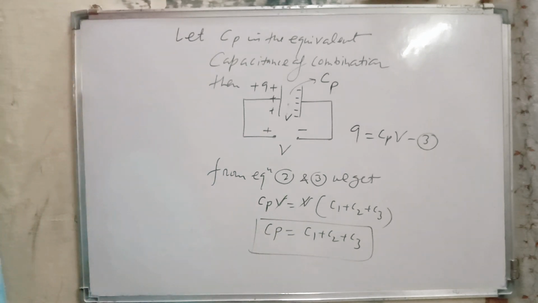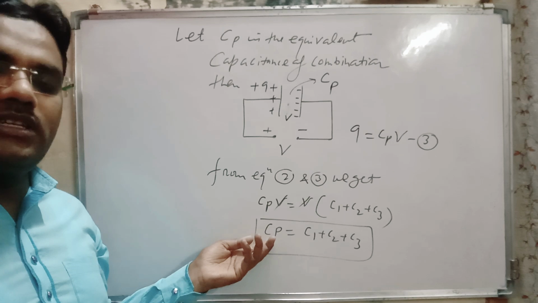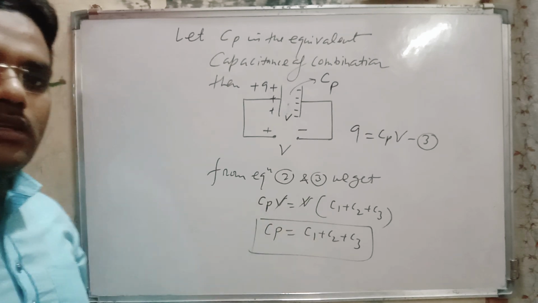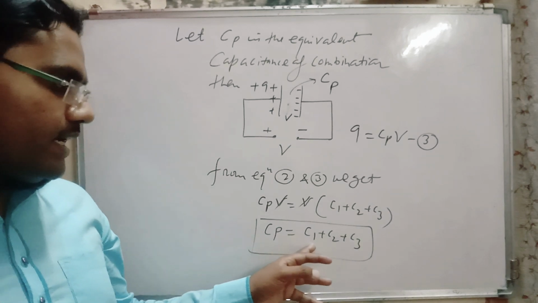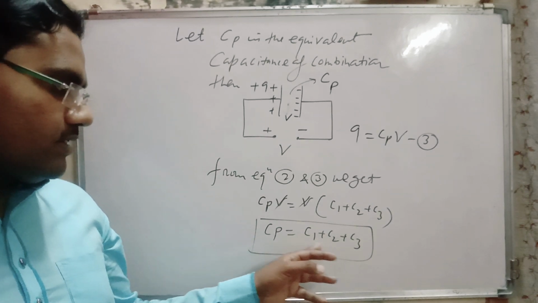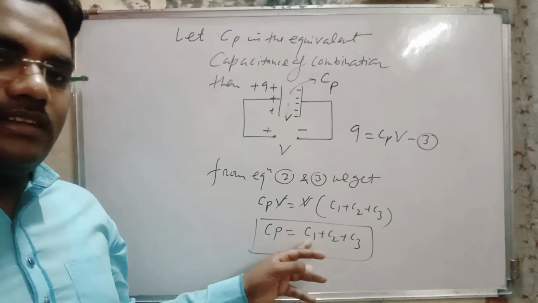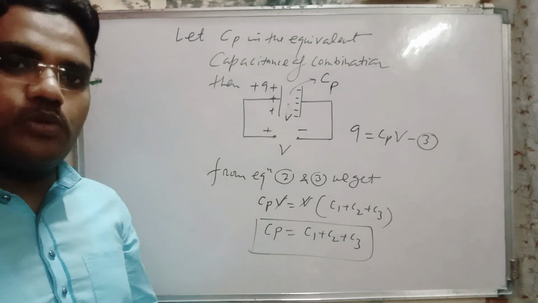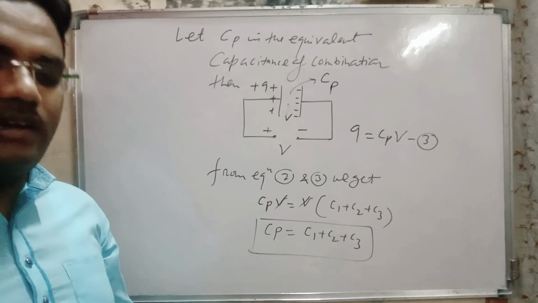This is the equivalent capacitance of 3 capacitors connected in parallel combination. That means in parallel combination, the capacitances of capacitors directly add, but in series combination, first we take the reciprocal of the capacitance of each capacitor and then add.